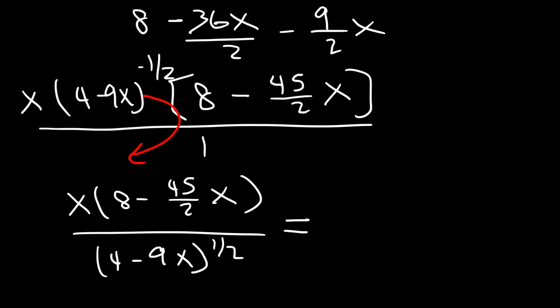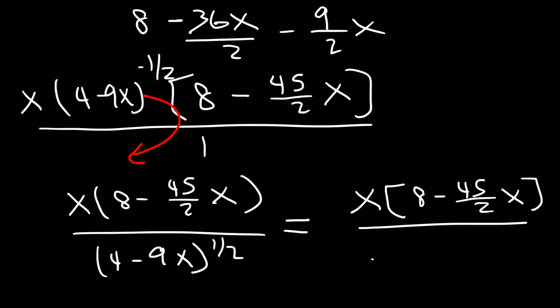Now we can write the final answer as x times this stuff, and then let's convert this rational exponent into a radical. So that's simply the square root of 4 minus 9x. So you can leave your answer like this if you want to.